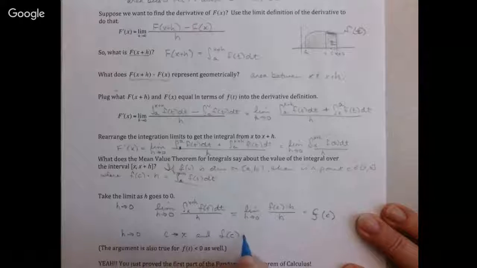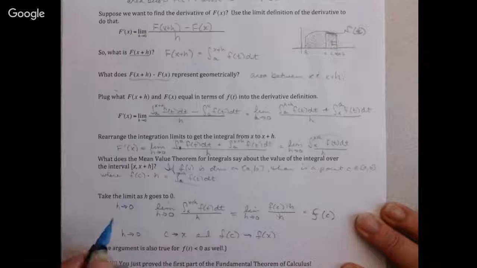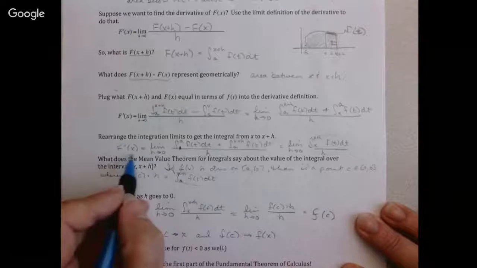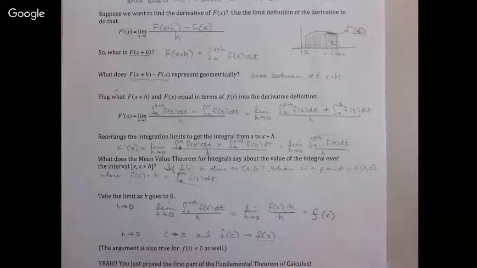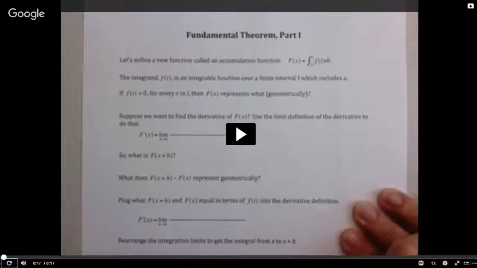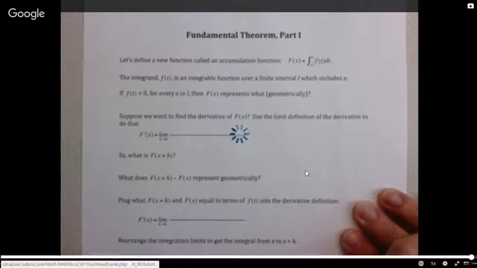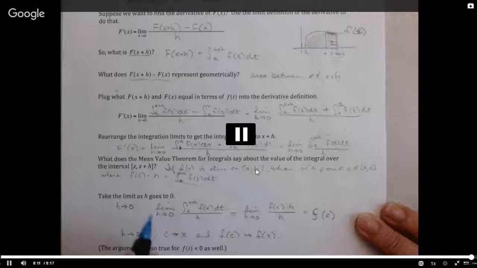And f of c is going to go to f of x. And that's what we wanted to show, that the derivative, big F prime of x, is equal to little f of x.